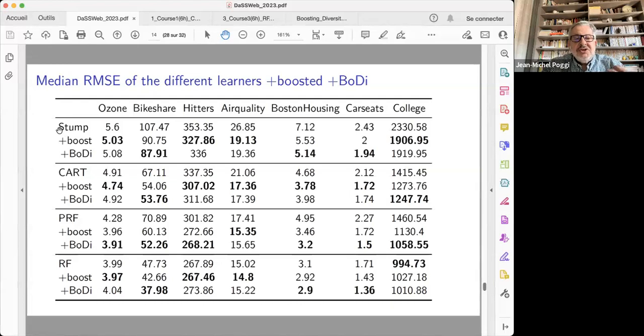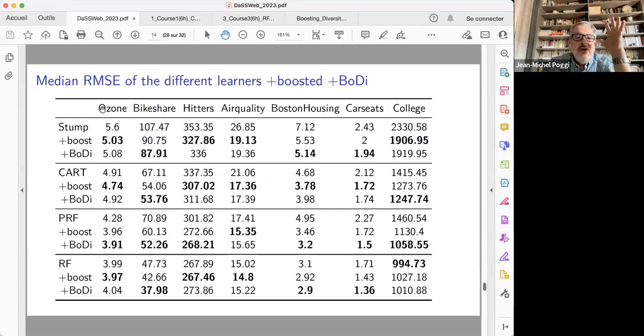And for each base learner, we have just boosted the algorithm. So you start with the base learner stump and you consider boosting stumps, and you consider boosting diversity stumps with a high level of diversity parameter. So we have taken here kappa equal to 0.9.